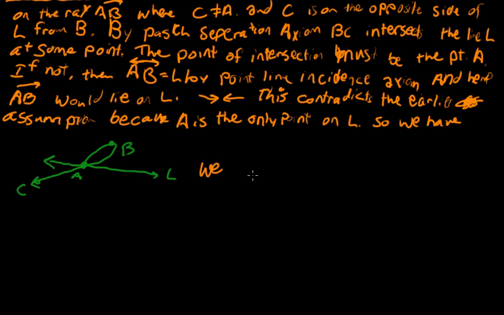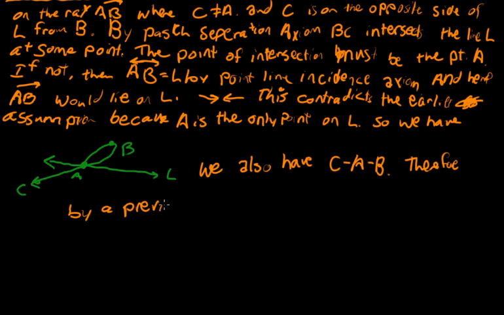So we also have A is between C and B. Therefore, by a previous theorem, C is not an element of the ray AB because it's on a different half plane. So this leads to a contradiction.